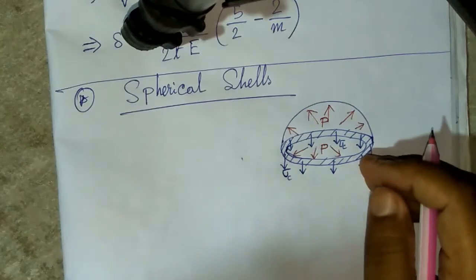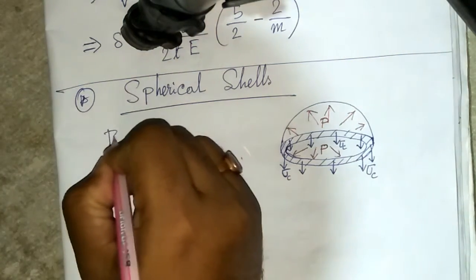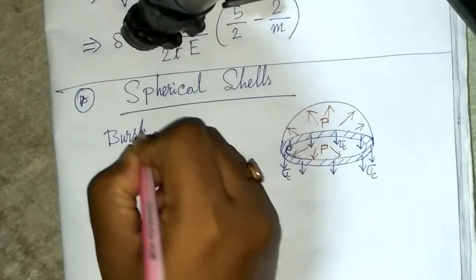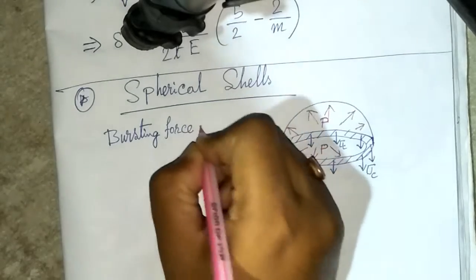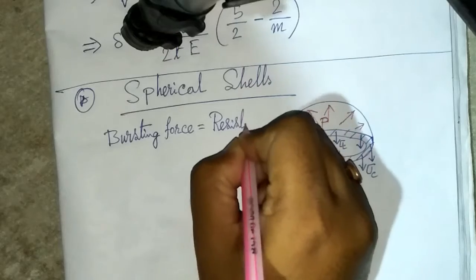For this kind of shell, we can write that the bursting force is equal to the resisting force.